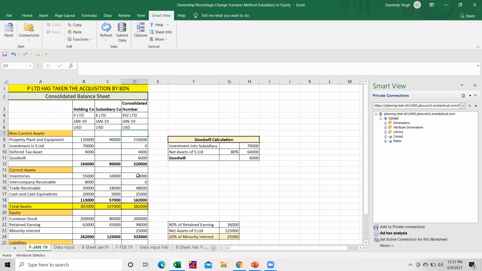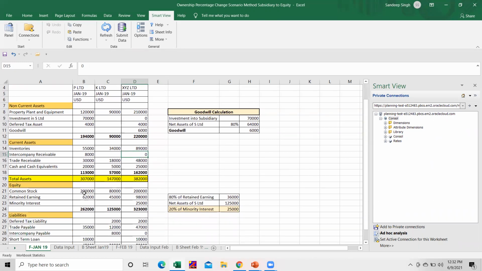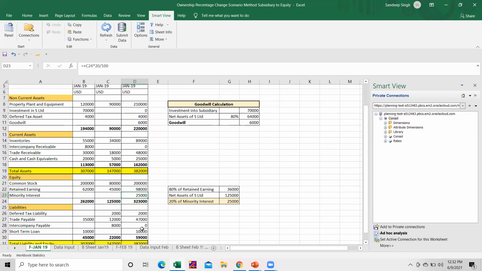The investment made by the parent into the subsidiary gets eliminated. Any intercompany transaction between the parent and the subsidiary gets eliminated at the consolidated level. You will find the common stock of the parent only. The retained earning number gets calculated, and the minority interest number will be determined because we have taken the ownership by 80%, so the 20% will belong to the minority shareholder.